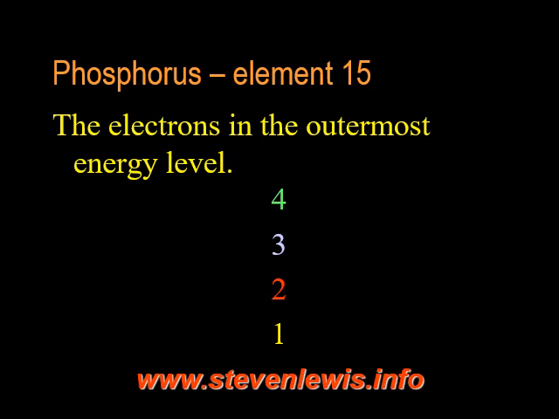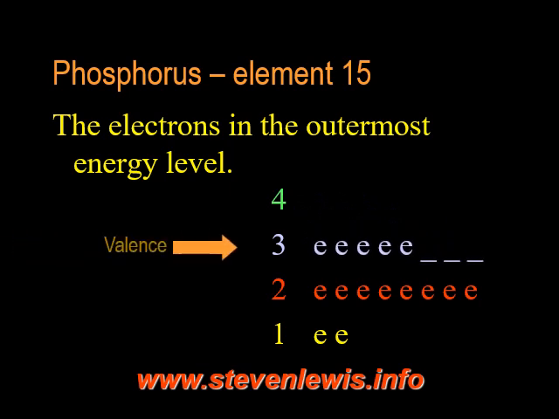We place 2 electrons in the innermost shell, 8 electrons in the second shell, and the remaining 5 electrons in the valence shell. Note that the valence shell is short 3 electrons. So we would expect that phosphorus would behave in such a way to pick up 3 electrons from other atoms to achieve a full valence shell of electrons.